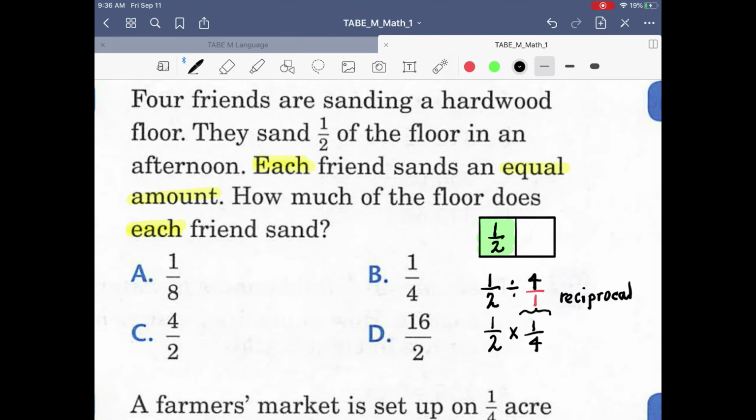You flip the fraction that follows, and you change that division to multiplication. And then you just multiply. 1 times 1 is 1, 2 times 4 is 8. So each friend in this story sanded 1/8 of the floor. So I would choose option A as my answer to number 1, 1/8.